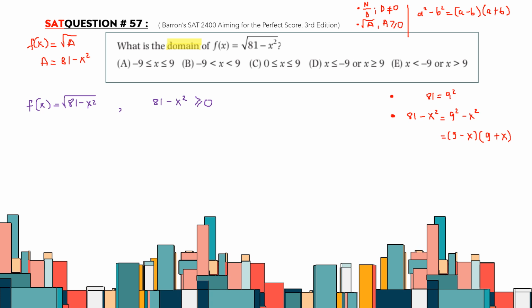Let's rewrite that: we have 9 minus x times 9 plus x, and we want that product greater than or equal to 0.